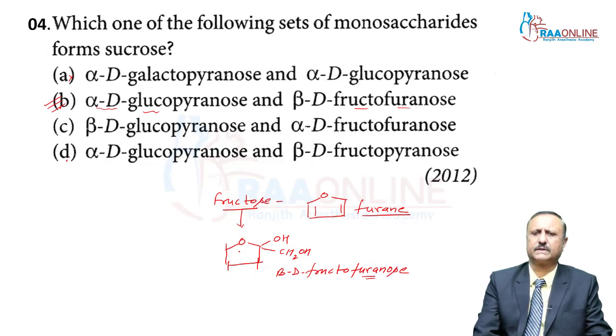Because a furan ring is present in this compound fructose. So D is a wrong answer, because here pyranose is wrong.